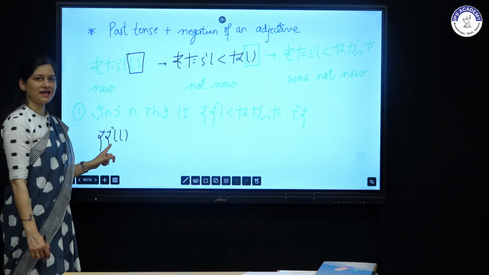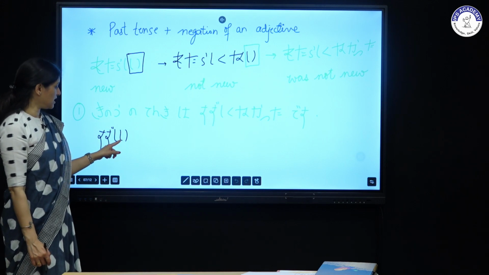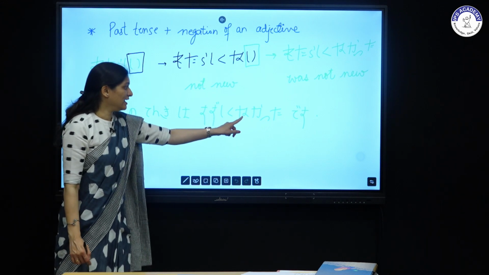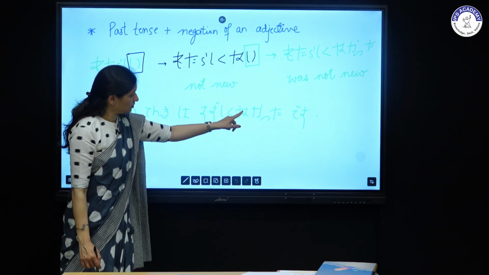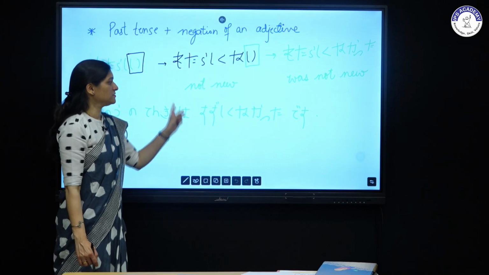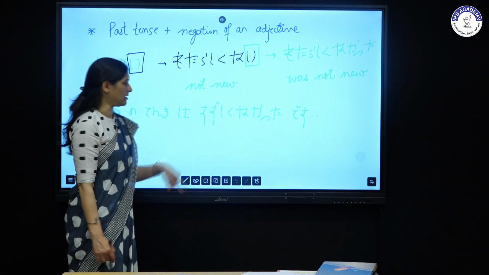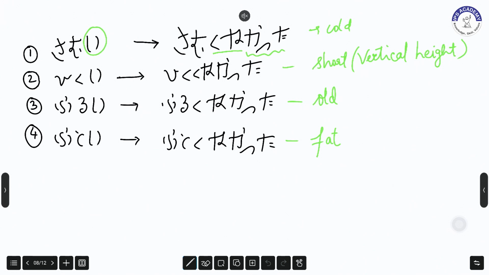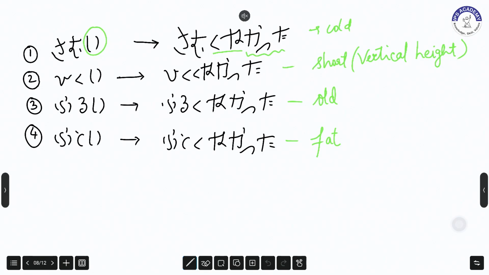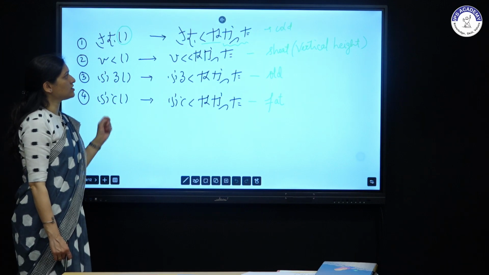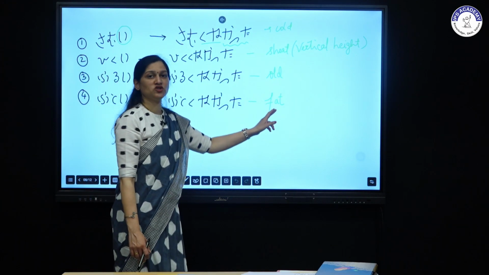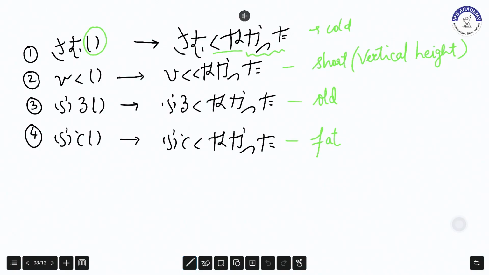Suzushii is the adjective. So we have replaced i of suzushii with kunai. Then from that word we have replaced, then it becomes suzushikunakatta. Samui, i gets replaced with kunai. Was not cold. I have written the original meanings here. Cold.